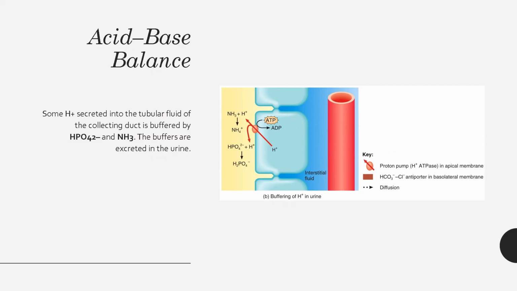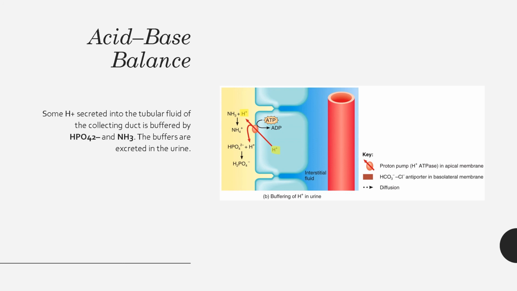Now, because we don't want our urine to be extremely acidic also, that would cause problems in our bladder and our urethra, for example, the hydrogen ions that are pumped into the tubular fluid are also going to be buffered. So some of those hydrogen ions that are pumped out, as we just went over in that last diagram, are going to be buffered by a couple of different ions here.